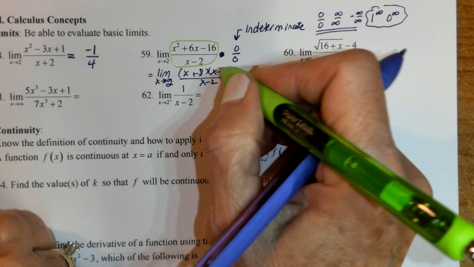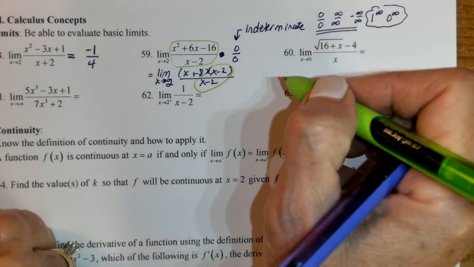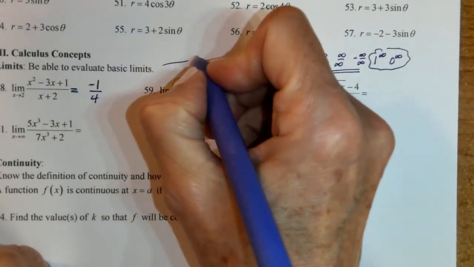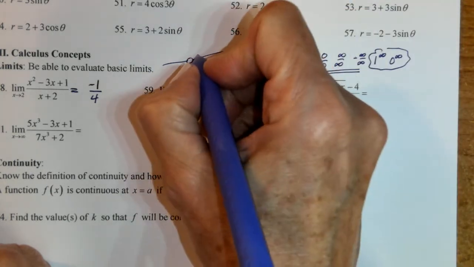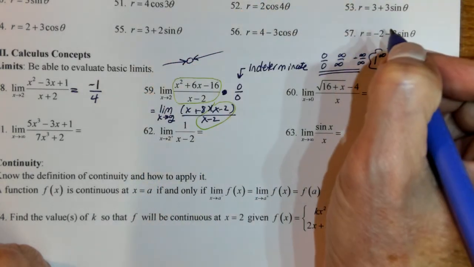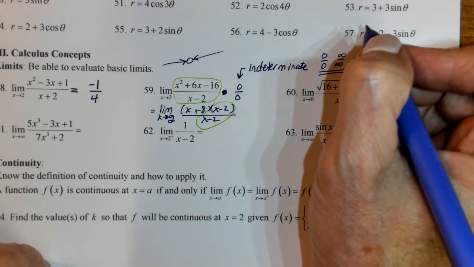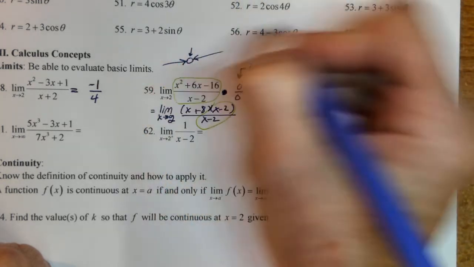The graph of this function has a hole when x is 2. So that means whatever the function is doing, there's a hole there. So the limit will be approaching that value. The limit will be that value. It'll just never reach there because there's a hole.